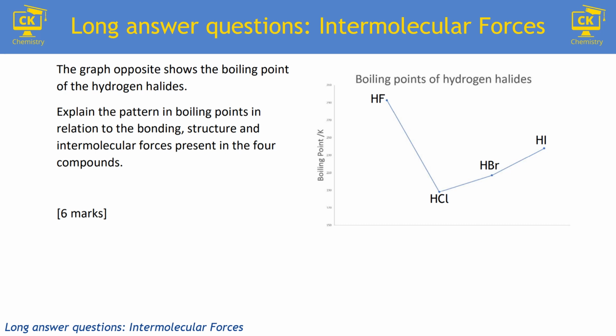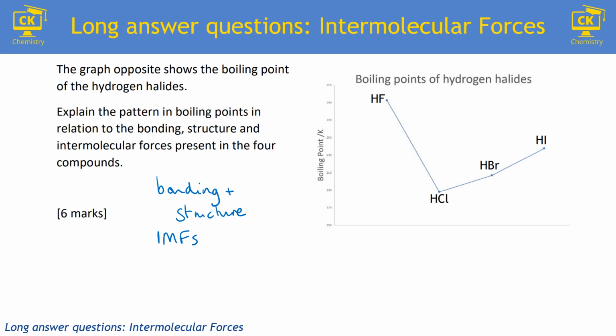So let's think for a moment about how these 6 marks might be broken down. We need to identify the type of bonding and the structure and the intermolecular forces present in the compounds. But as well as that, we need to use that to explain 2 things about the graph.